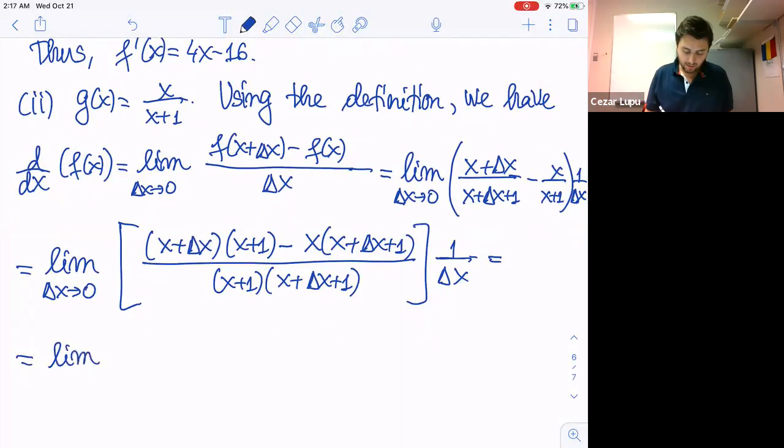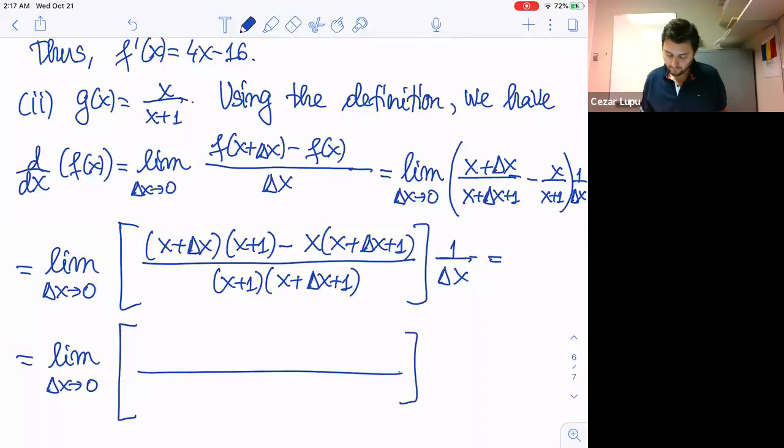This would be the limit as delta x approaches 0 of the following. We have to be careful with the computations here. I would like to go step by step because I don't want to make any mistakes. So we're going to have this fraction, and here at the end will be 1 over delta x.